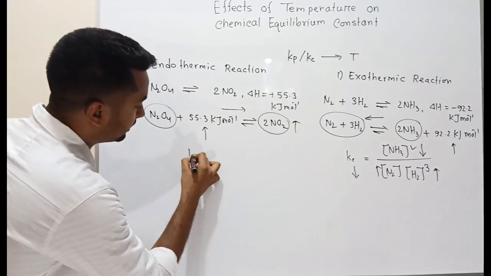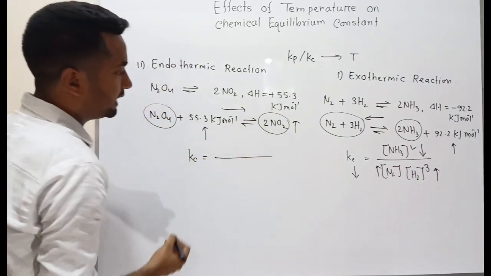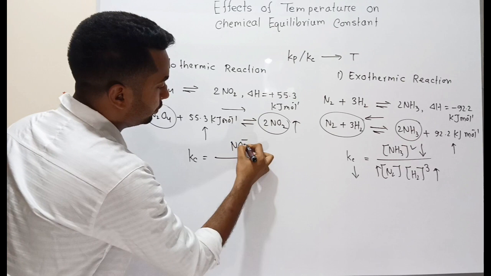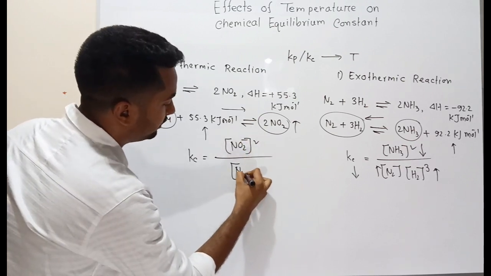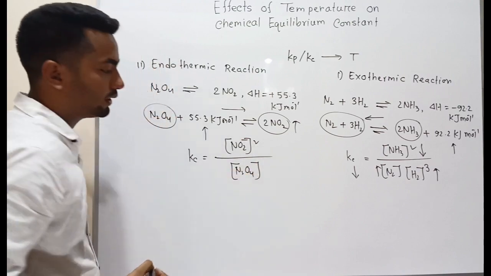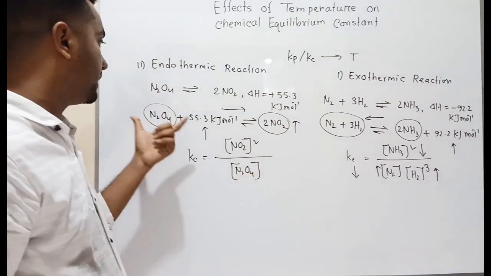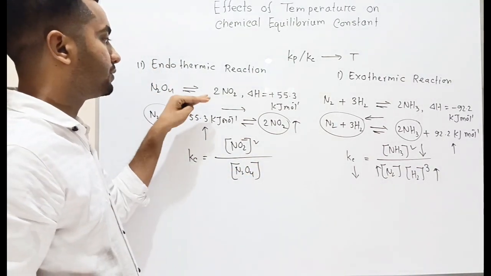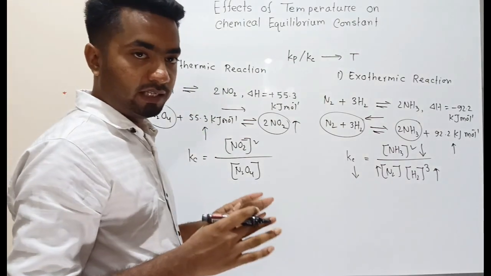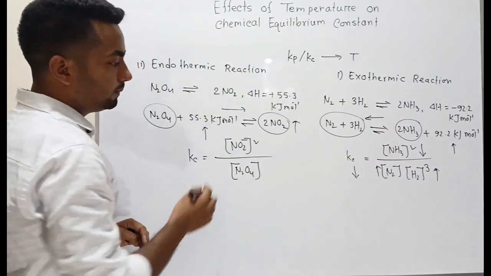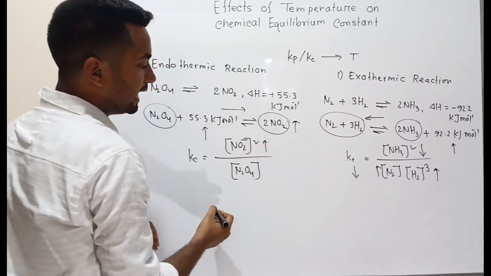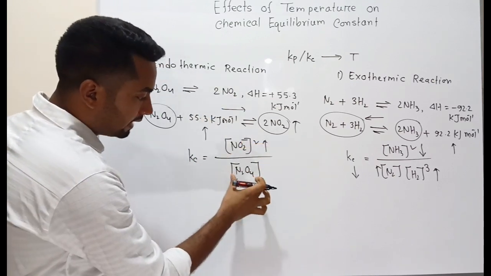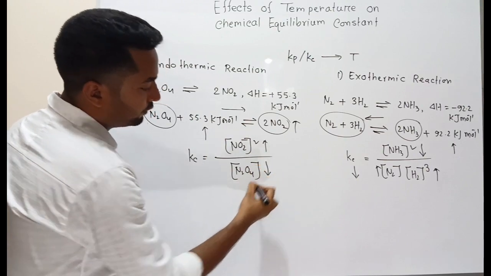If we write the equation of Kc, we get NO2 squared divided by N2O4. This is the equation of Kc for the reaction N2O4 reacting to form 2NO2. As we increase temperature, the concentration of NO2 increases and the concentration of N2O4 decreases.